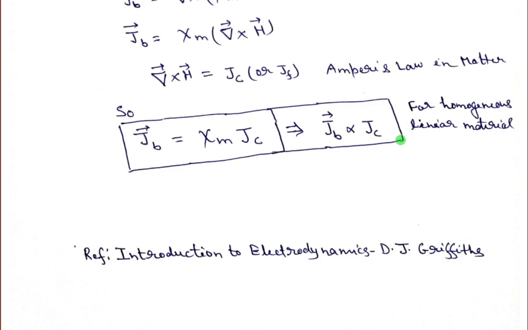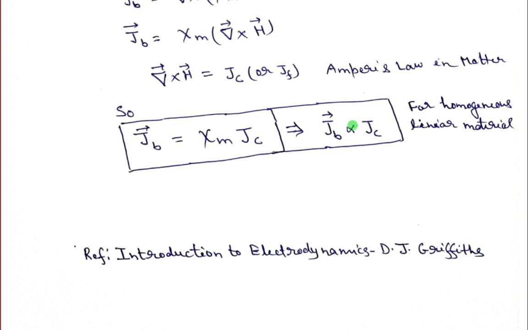This is a very important result. It shows that if you apply an external magnetic field to a magnetic material, whatever bound current you observe will be proportional to how much free current, how much conduction current, is flowing within the material.